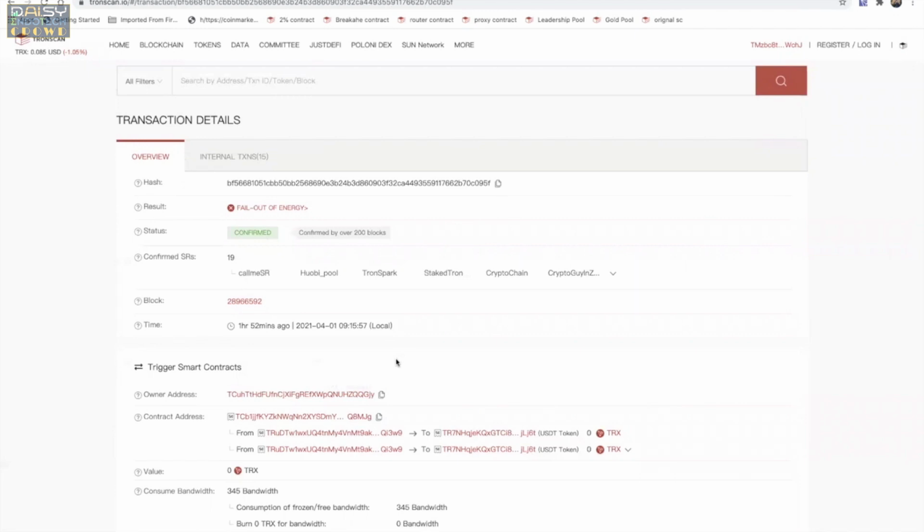That's why we told everyone 100 times, and we're going to make sure that we put this when people are buying their packs. We're updating the back office to show, in big letters, you must have 150 Tron in your wallet to complete this transaction.